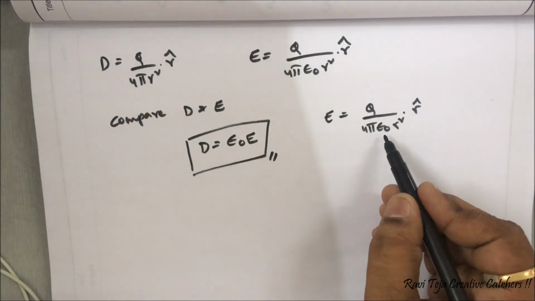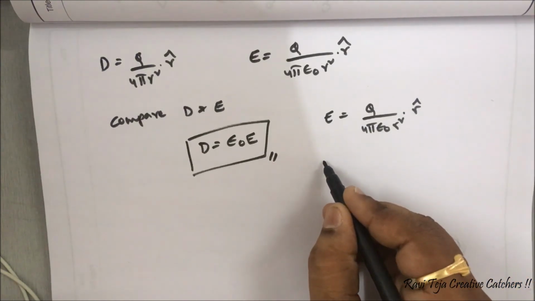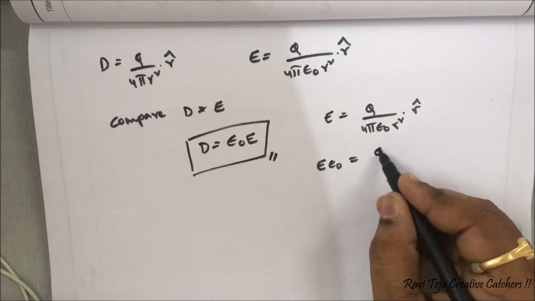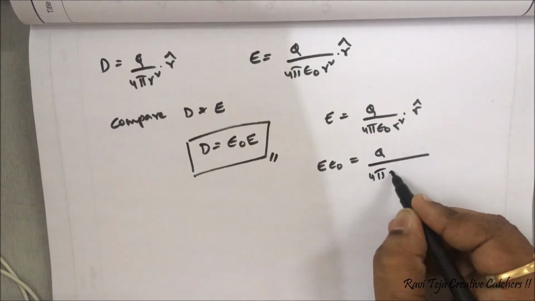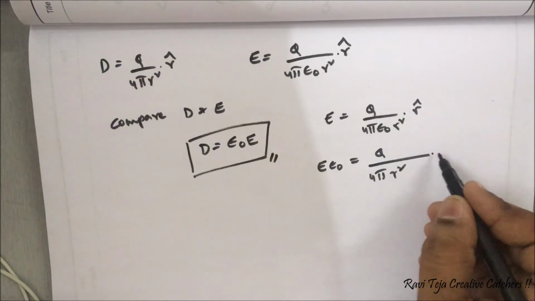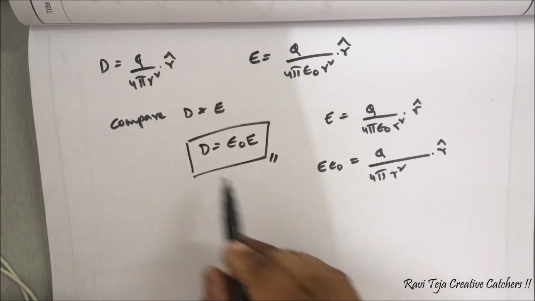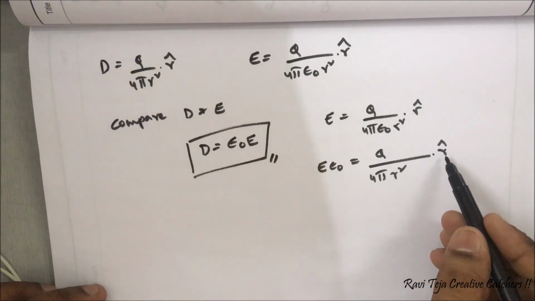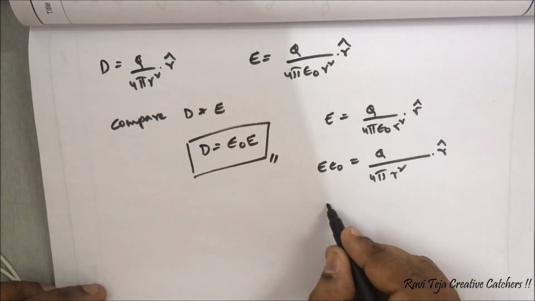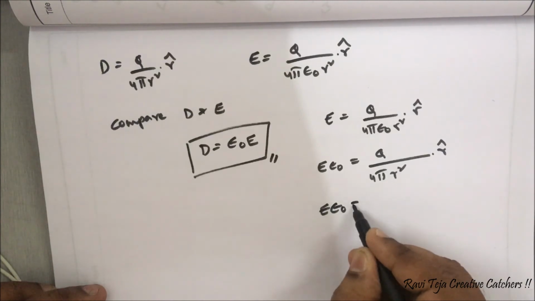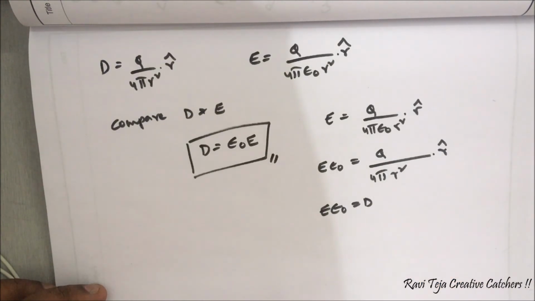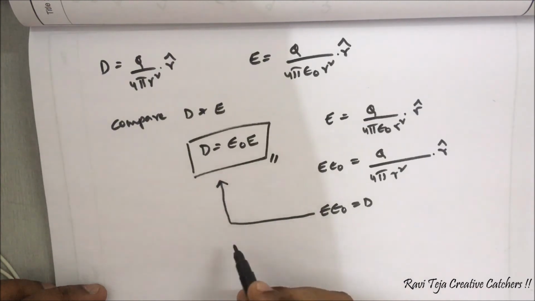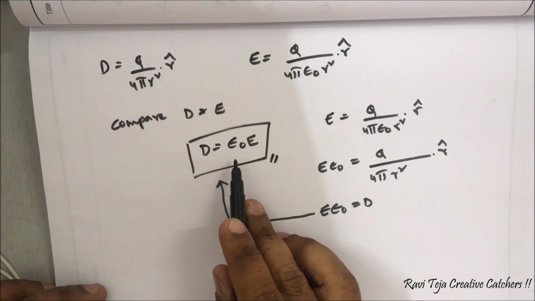Okay. Take this epsilon naught towards here. E into epsilon naught is equal to Q by 4 pi r square into r cap. Okay. So what is D here? D is also Q by 4 pi r square into r cap, right? So what we can write? E into epsilon naught is equal to D. We can write like this, right? So therefore if we compare D and E, it becomes D equal to epsilon naught E.